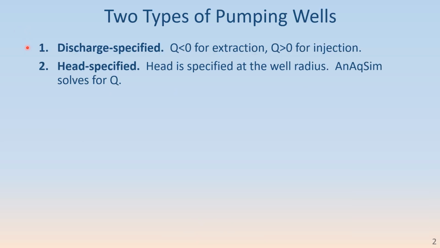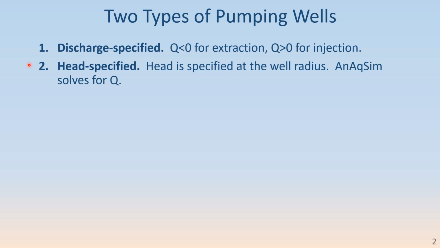So for a discharge specified pumping well, you name the discharge and it will be negative if you're extracting water out of the aquifer and positive if you're injecting water back into the aquifer. That's just a convention that's adopted here. And the other kind are head specified wells where you specify the head at the well radius.